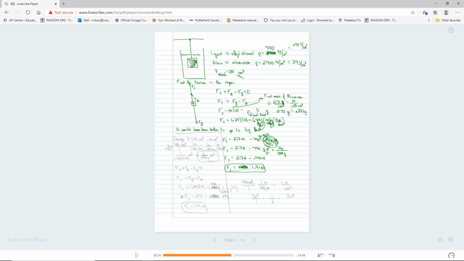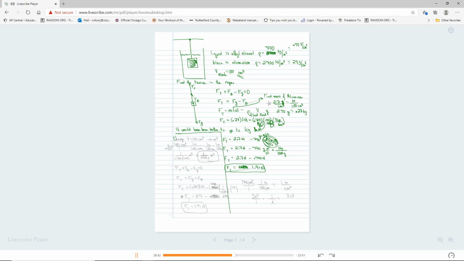Now, it's really easy to get lost in all the unit conversions. All right? We had to do a lot of unit conversions. So let's do this from the beginning.